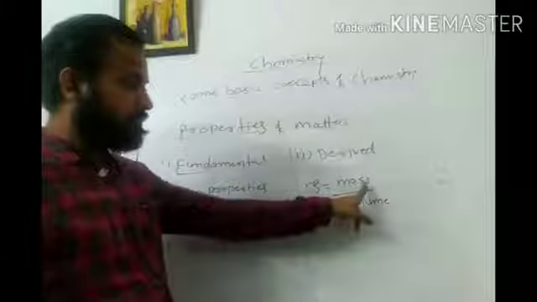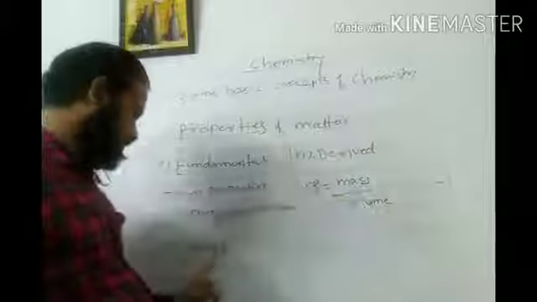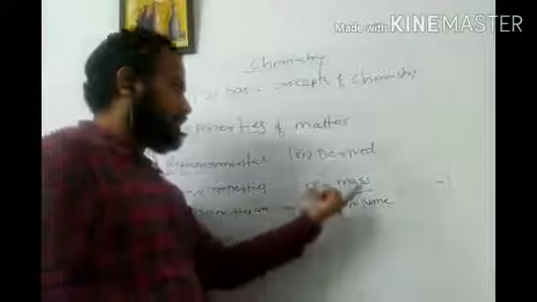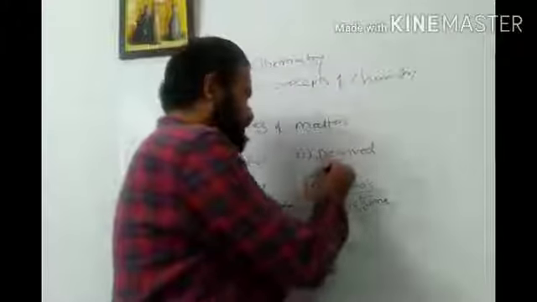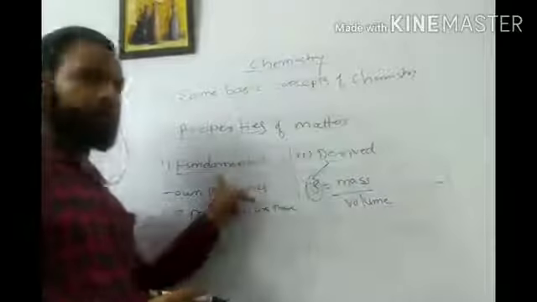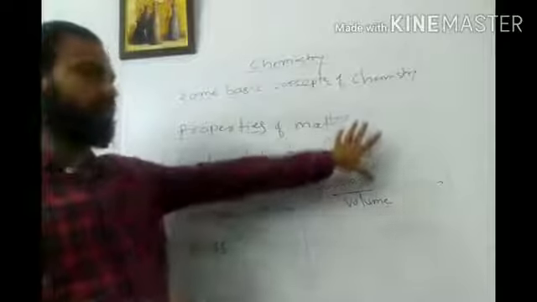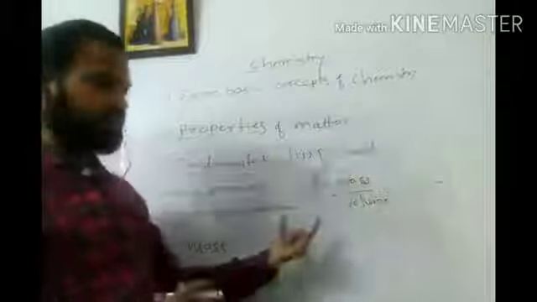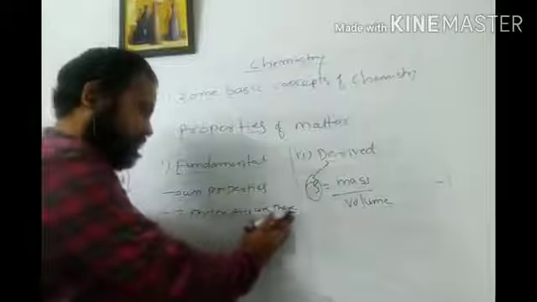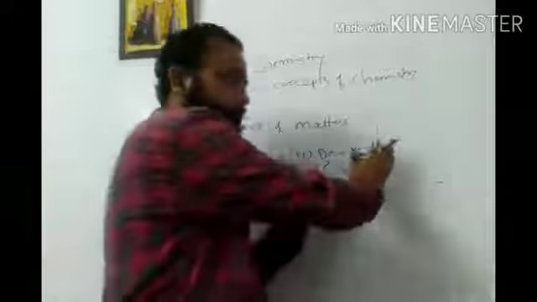If I want to calculate density, I need mass, and mass is a fundamental property. Hence these properties are derived from fundamental properties, so they are called derived properties. We will study the 7 fundamental properties in detail first, and then we will discuss the derived properties.